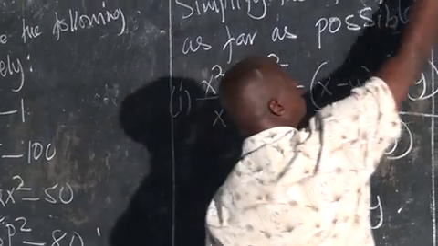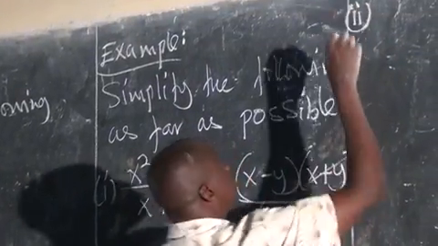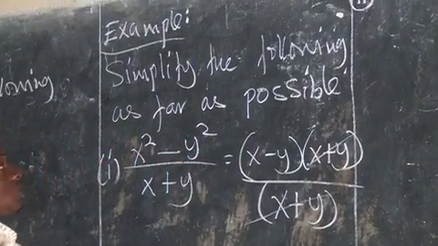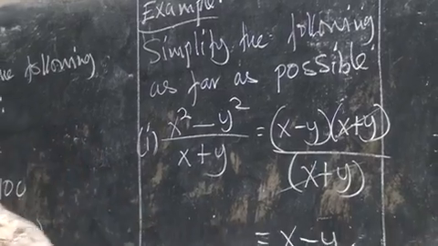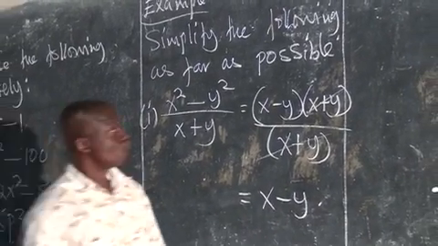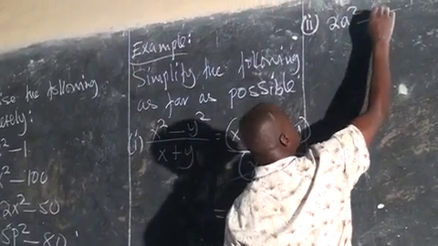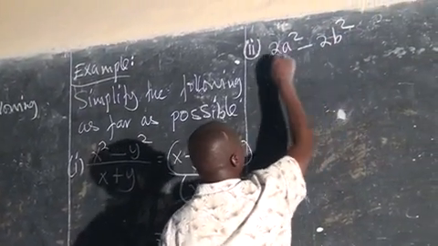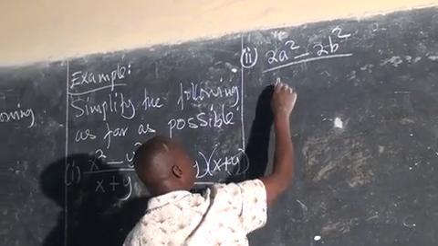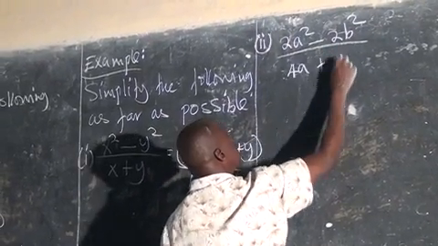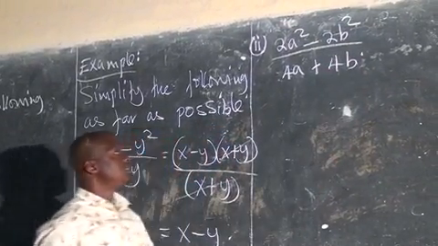Next, we have this. We have 2a squared minus 2b squared over 4a plus 4b.